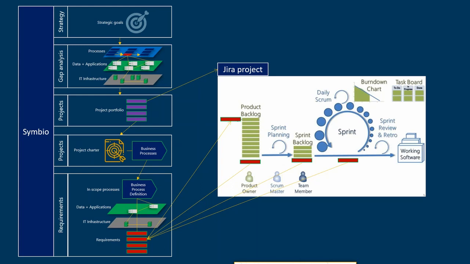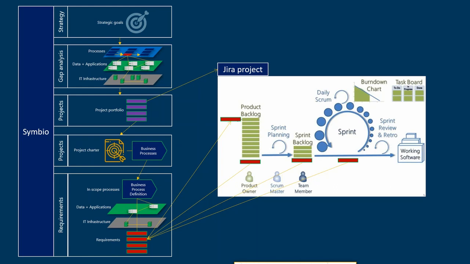But as we said earlier, that requirement can now undergo changes and status changes along the way. And those two worlds need to be integrated so that you can actually have a trusted view of the requirement, as we said earlier. And this is exactly what is happening now with the integration between Jira and Symbio.